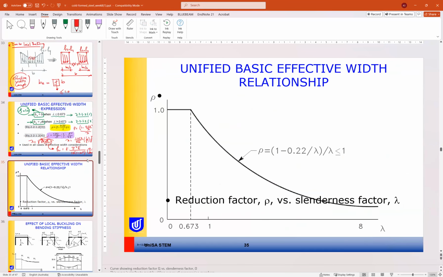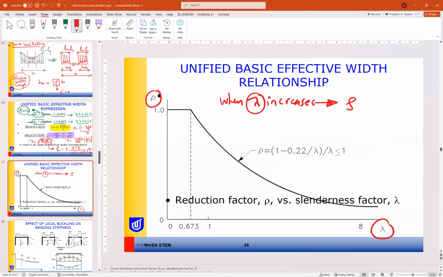And here is a relation between rho on the vertical axis and lambda on the horizontal axis. As you can see, when lambda, the slenderness ratio, increases, what happens to rho?